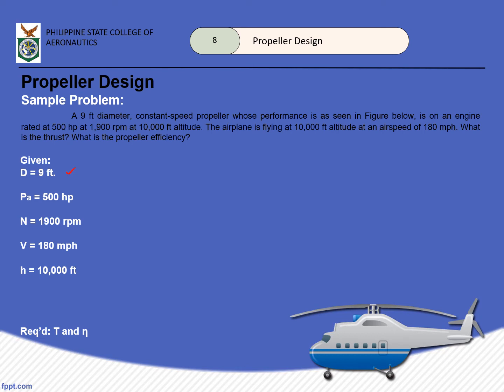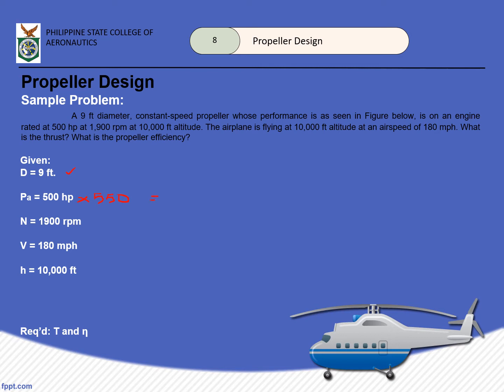Our power absorbed is in horsepower. We need that in foot-pound per second. How do we convert this? We just simply multiply it by 550.